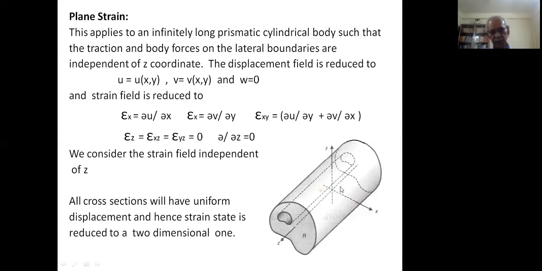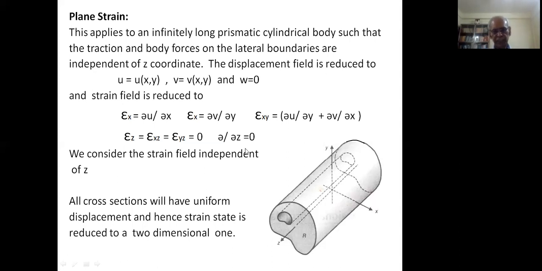That means whatever traction you apply on the lateral boundary is independent of the z direction. That means you do not apply forces in the z direction. So that is the condition. And this is also true in many fluid mechanics and thermal problems, which you may have seen, that if it is a long bar, then the variation in the z direction becomes negligible and it is neglected.